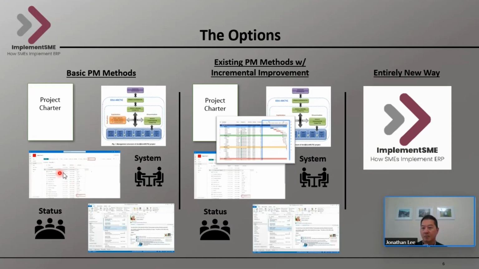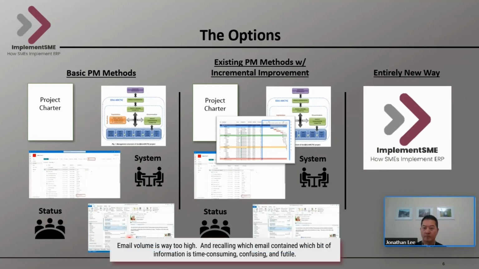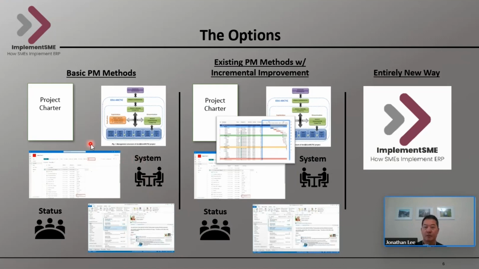You set up a SharePoint. You have lots and lots of meetings on the system. You have status meetings once a week, twice a week, or more often to see where you are. And then the endless volume of emails on Outlook flying back and forth. Okay. That is a traditional PM method, not just for implementations, but even for re-implementations and system optimizations.